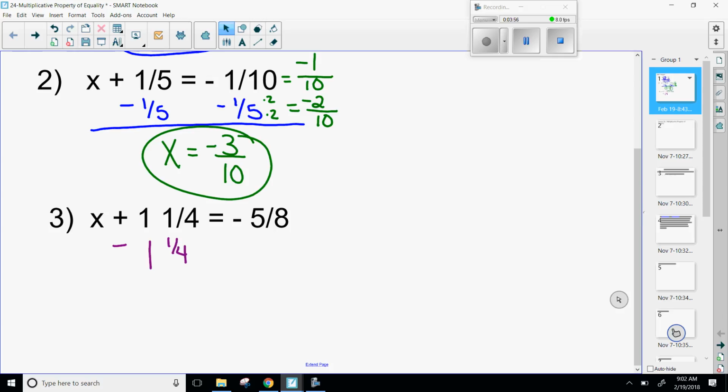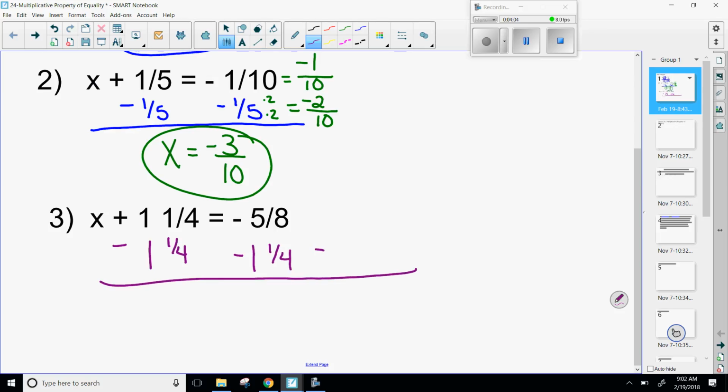Okay, so subtract 1 and 1/4. What is the common denominator? What's the common denominator? 8. So we have negative 5/8.